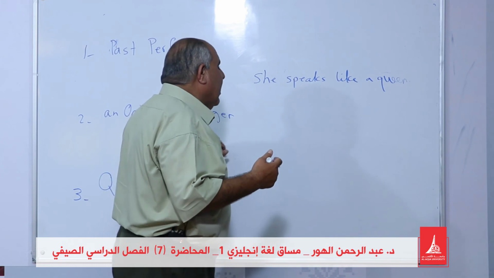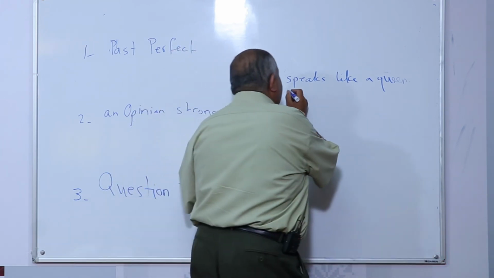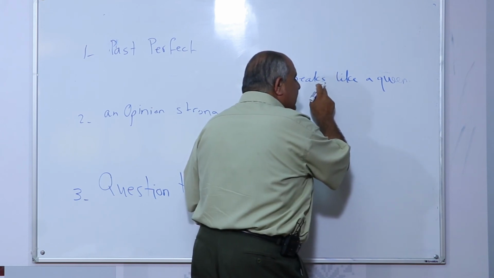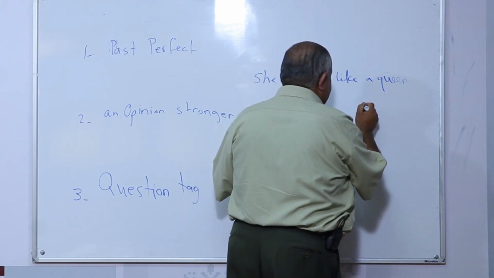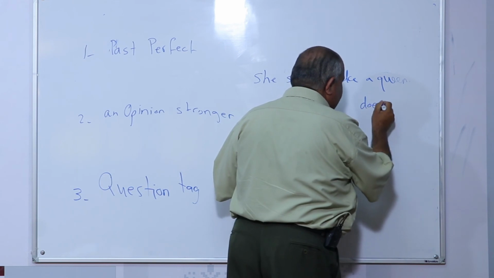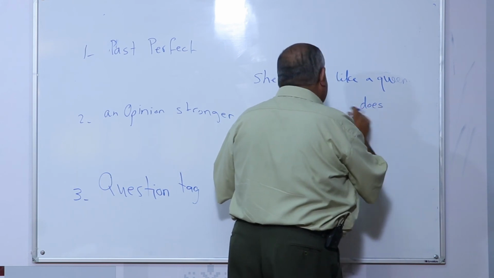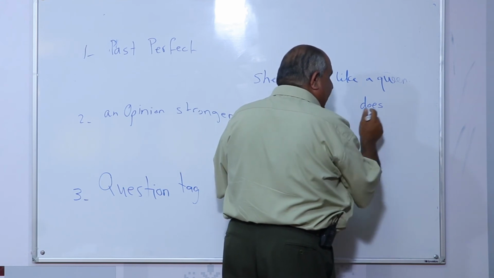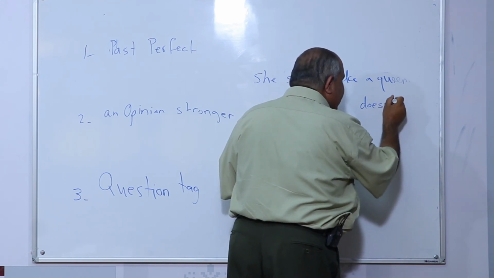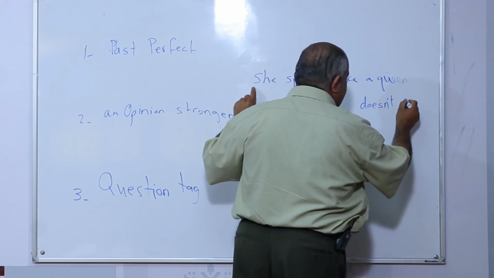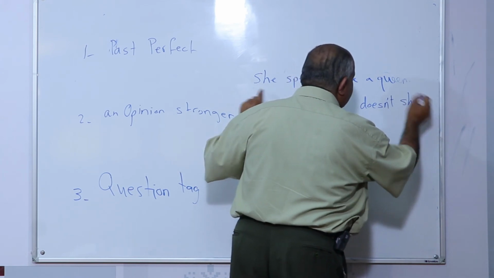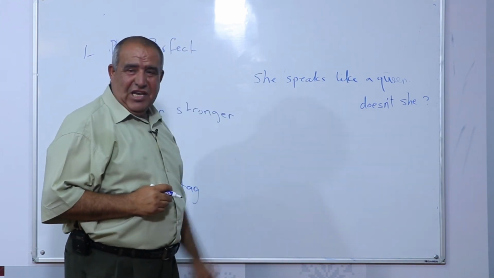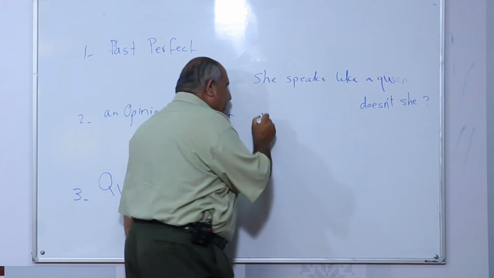For example, this sentence does not have an auxiliary but the verb ends with s, so we can take does from it, and we change the sentence from positive into negative. So we say doesn't, and we take the pronoun as the subject. So, doesn't she? She speaks like a queen, doesn't she?